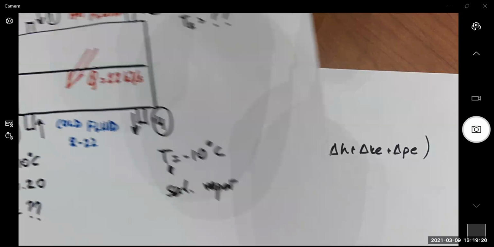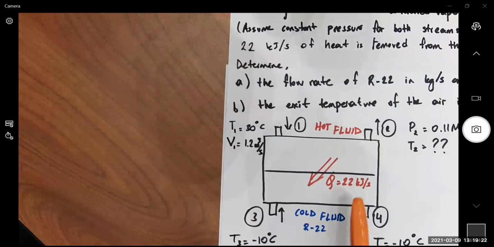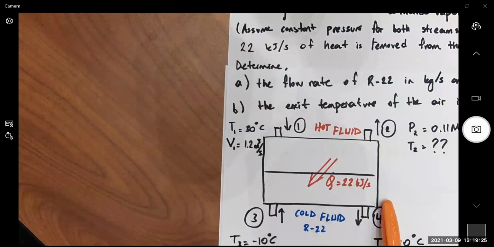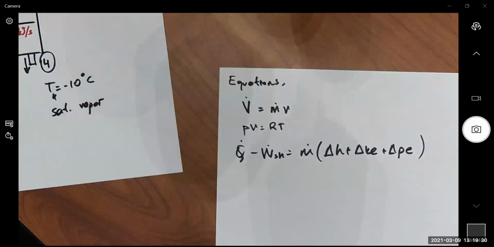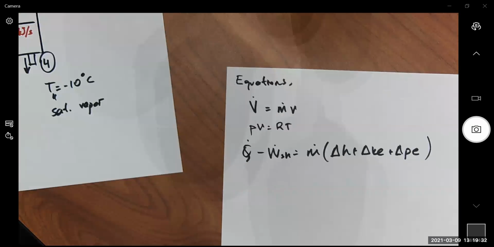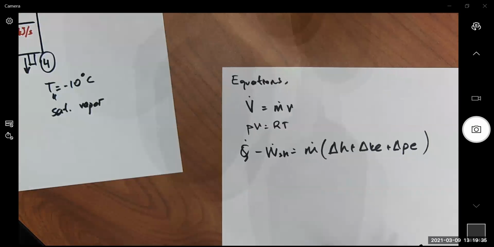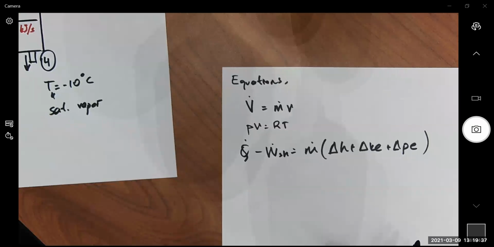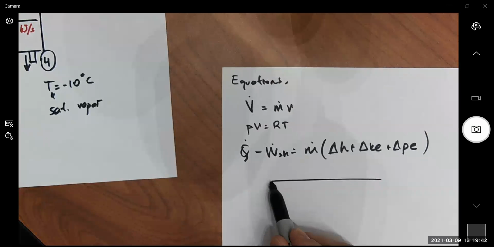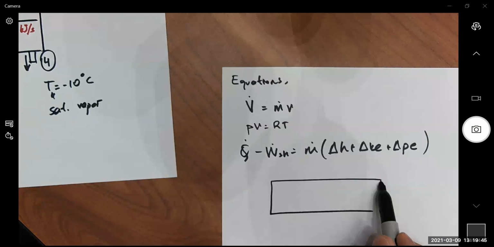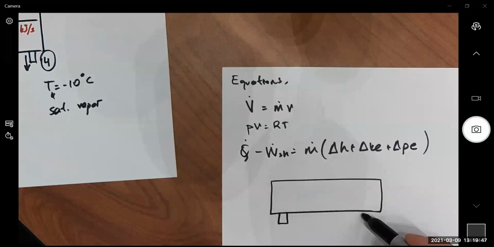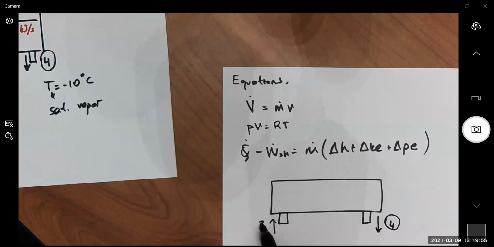In that case, I will choose my boundary around the cold fluid only. So this is state 3, state 4.